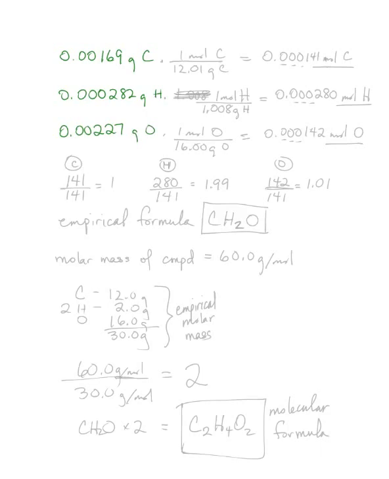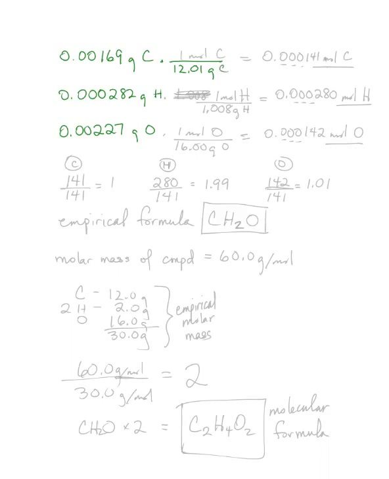Each of those are nice, useful numbers, except that they won't tell us the ratio of carbon, hydrogen, and oxygen in the compound because, of course, carbon atoms, hydrogen atoms, and oxygen atoms weigh different amounts, and so it's not going to be terribly useful for us to have grams. So what we want to do here is just convert this into moles, which is pretty simple to do.